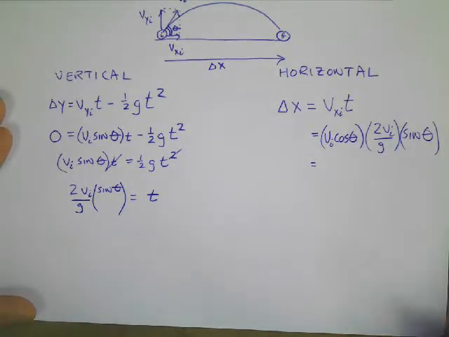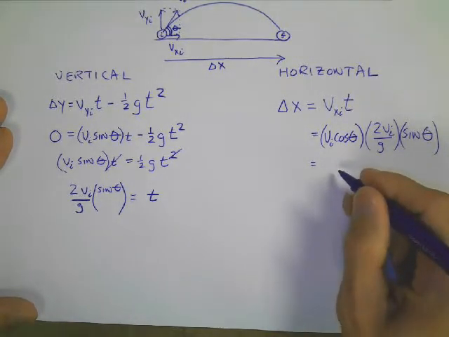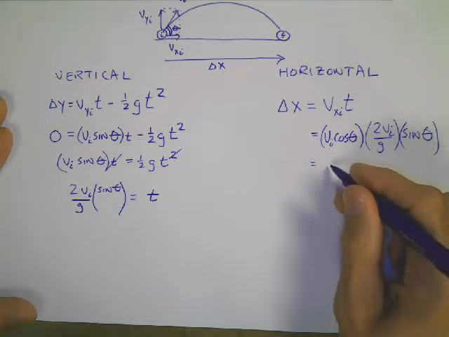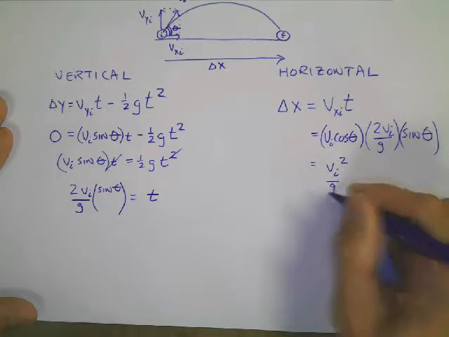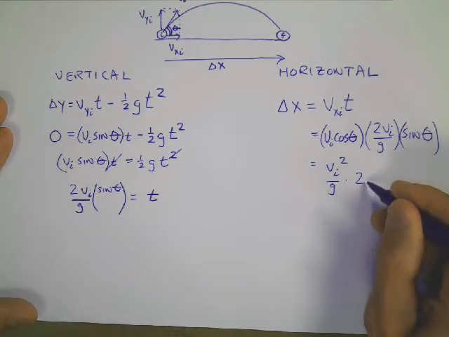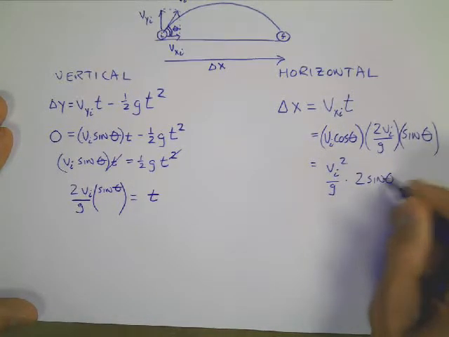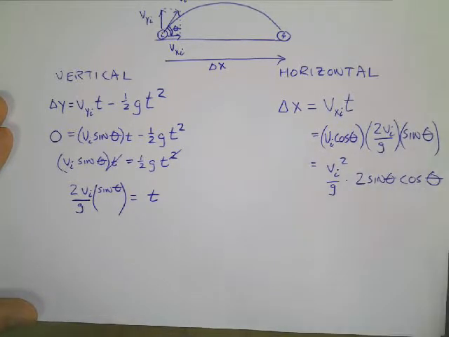Okay, then I'm going to group terms, and I'm going to have V initial squared over g times 2 sine theta cos theta.